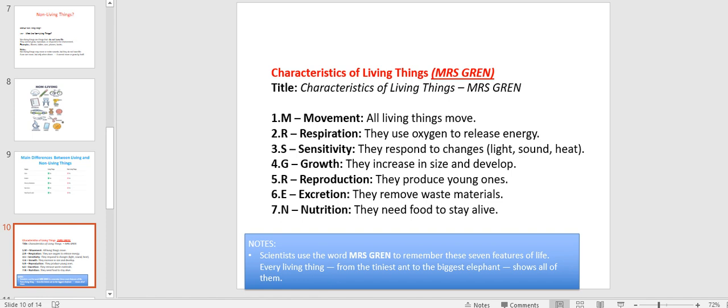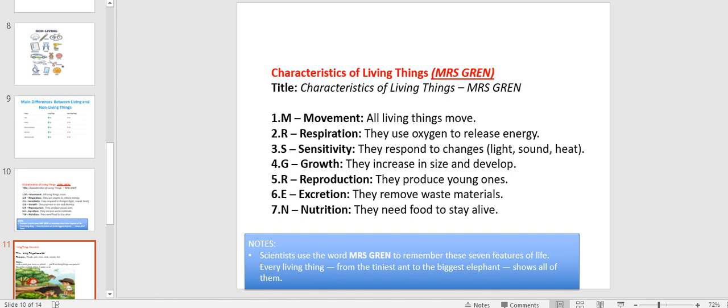Scientists use the word Mrs. GREN to remember these 7 features of life. Every living thing from the tiniest ant to the biggest elephant shows all of them. What do I mean by this? This means that all living things, however small or big, share all these characteristics.